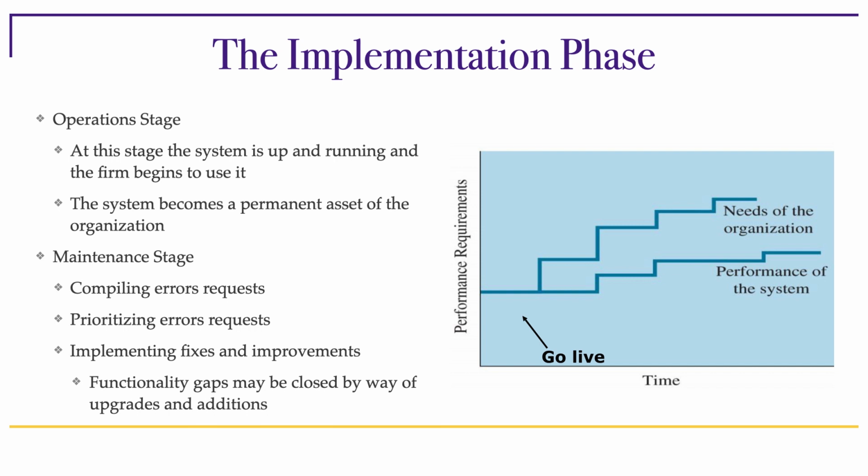So you have to imagine now that the organization is working with the system, and some things are going well, some things may not be going well, bugs are identified, enhancements, things that could be done better are identified, new requirements may be identified. So all of these feedbacks flow back to the system development team, who will need to start prioritizing them.